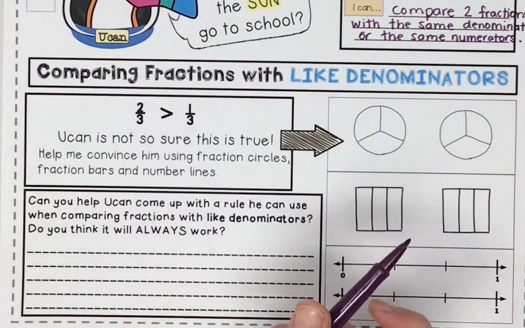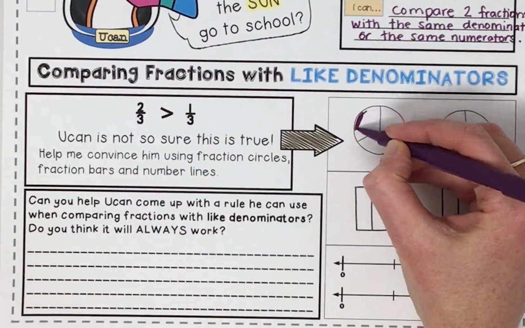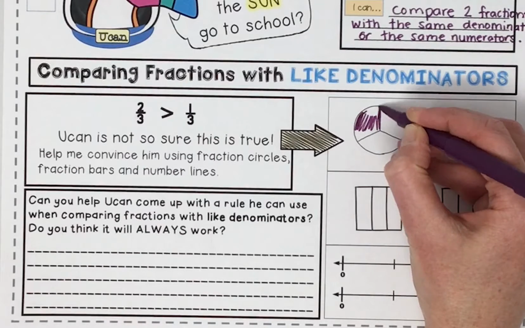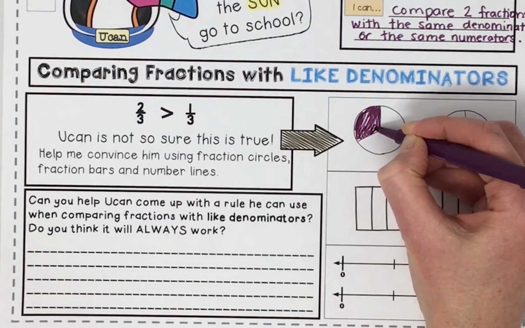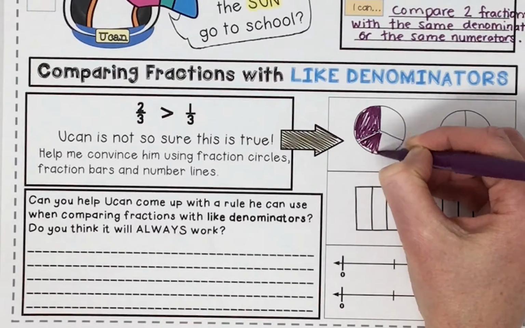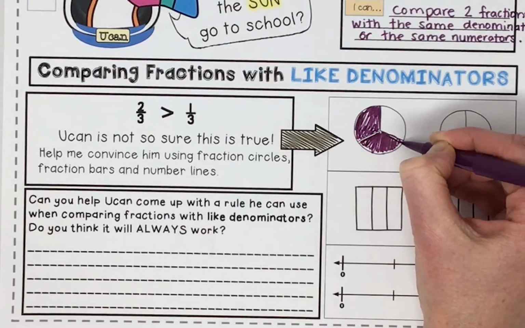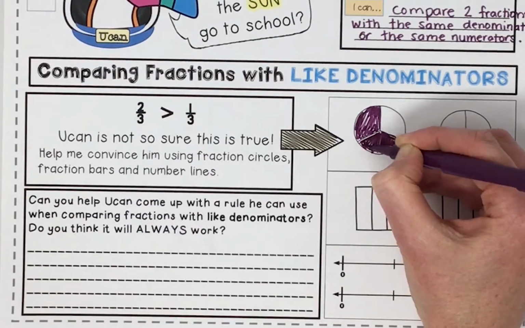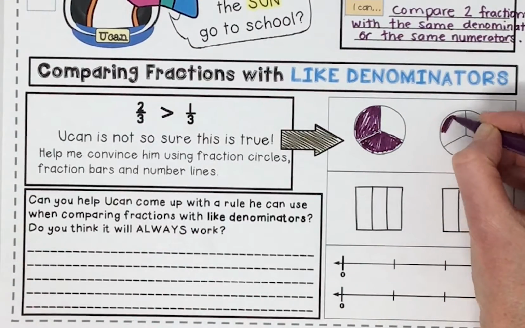Let's start with our circle. So let's color in 2/3. There's 1/3. And there's 2/3. And then let's take a look at what just 1/3 looks like.